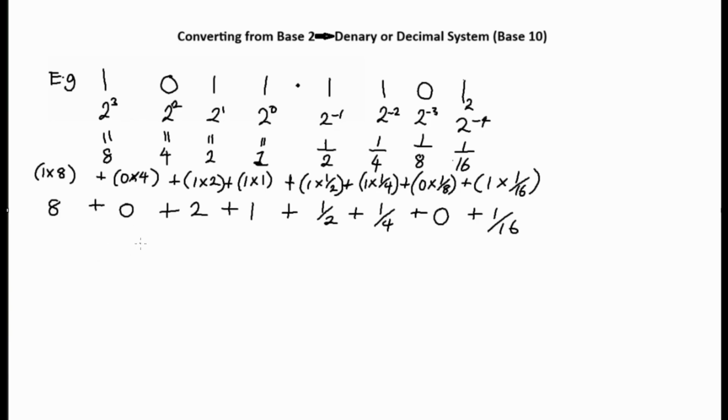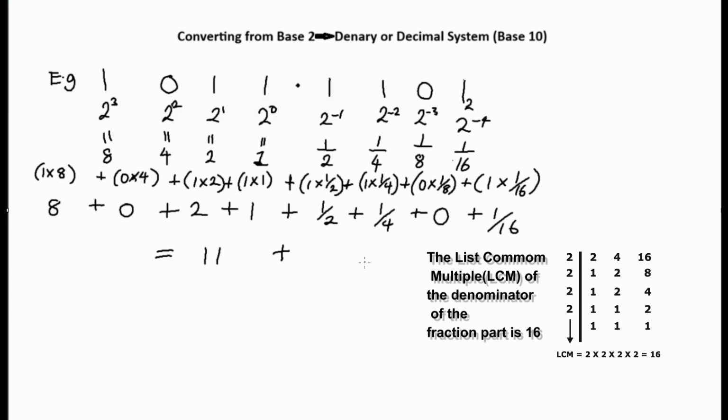And then again, if we sum up the whole part, we will get 11. Then if we sum up the fractional part, the least common multiple among these fractions is 16.